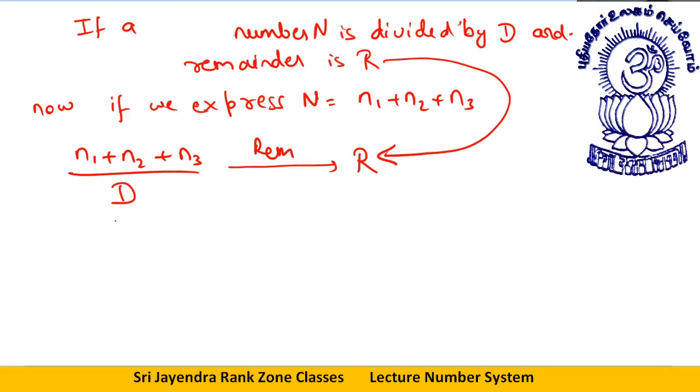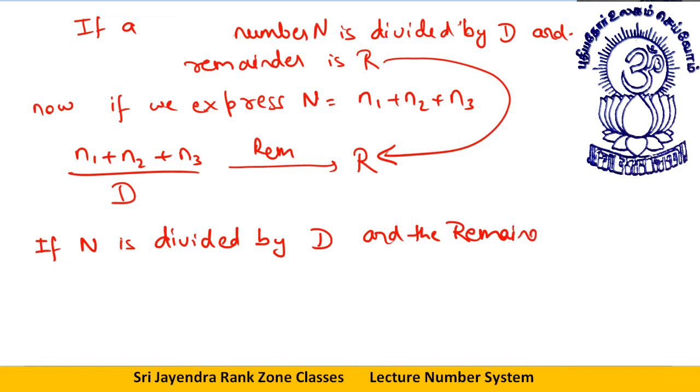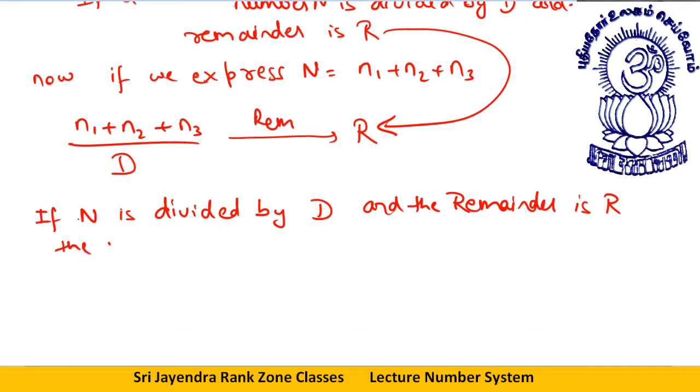On the basis of this, again, if a number n is divided by d and the remainder is r, then if n can be expressed as n1 into n2 into n3 and so on, and this is divided by d, then also the remainder will be the same r only.